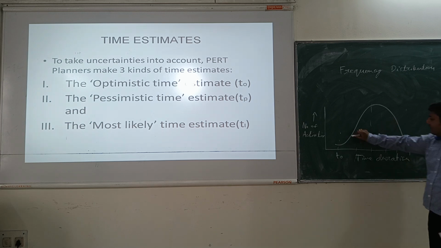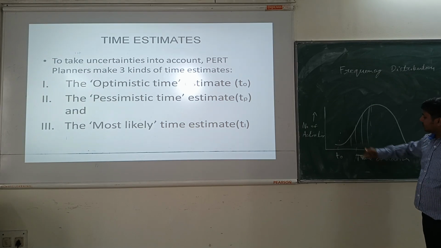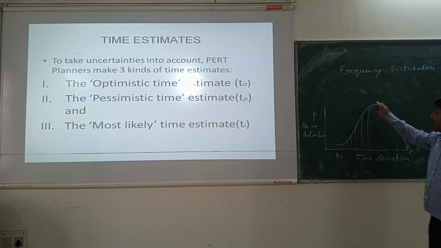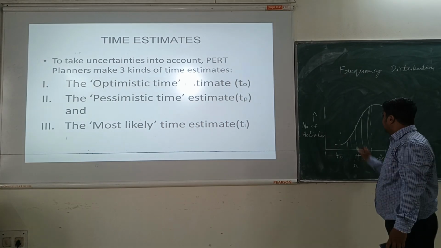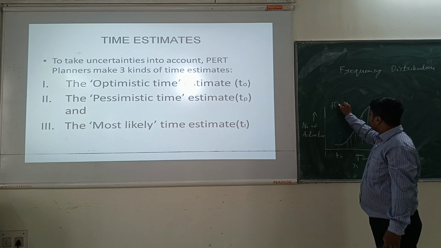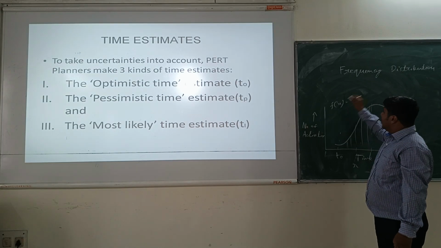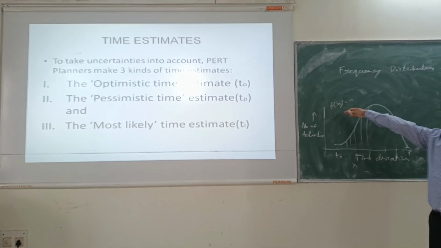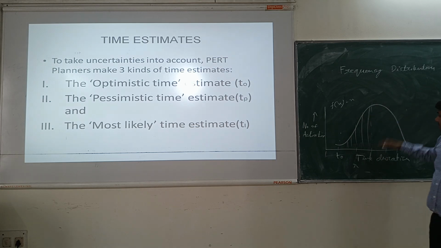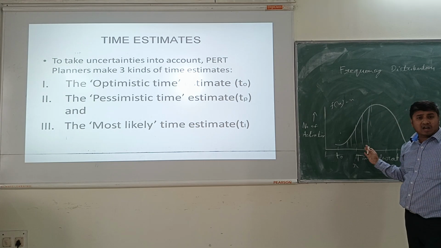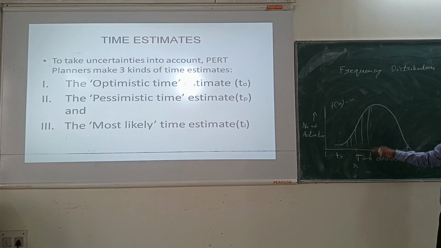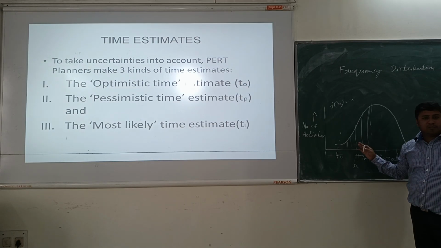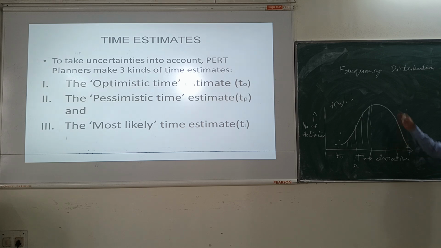The area under this curve will be a probability function. For a function of time f(x), the shaded portion, the area, gives the chance of completion of this activity, and the probability is the area of this shaded portion divided by the whole area under the curve.